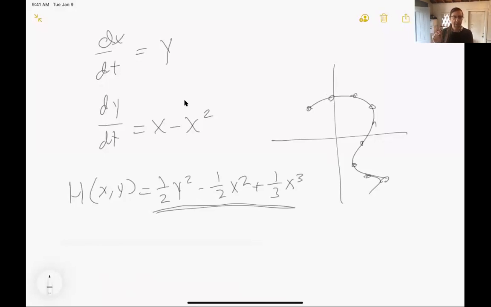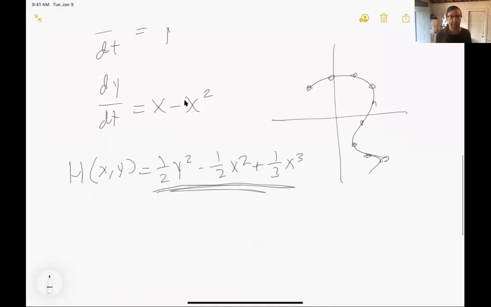I stick those values into this function, and I get the same number. It's like I'm traveling at some constant energy level. Or again, I'm in some economic system and the cash is flowing from one person or one organization to another in some way, but the total amount of cash is the same. So if I look at a solution curve, I can compute the amount of cash in that system at any given point on that curve, and it's constant.